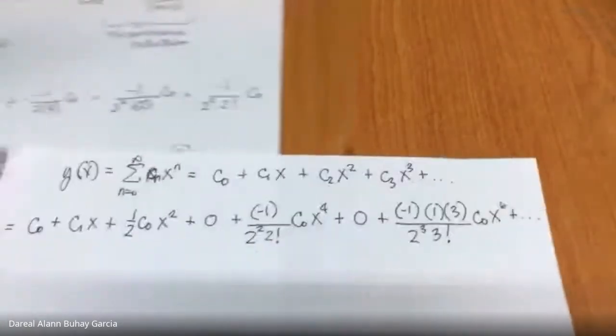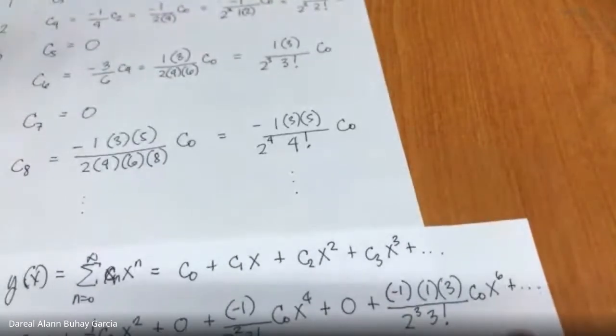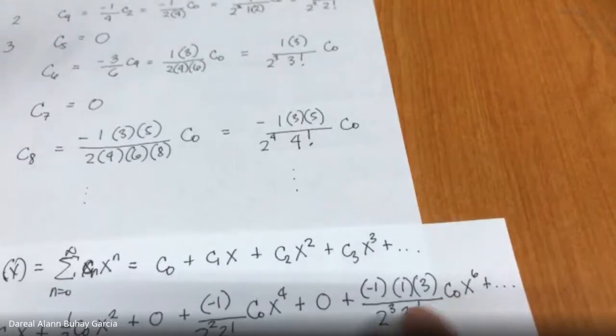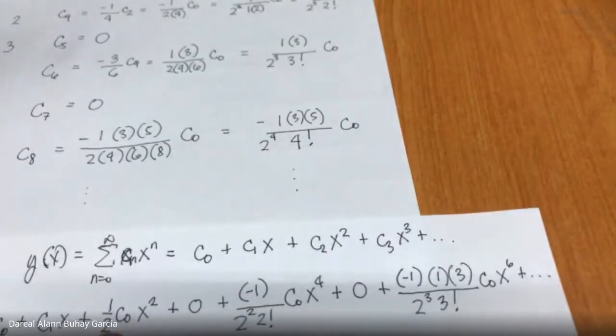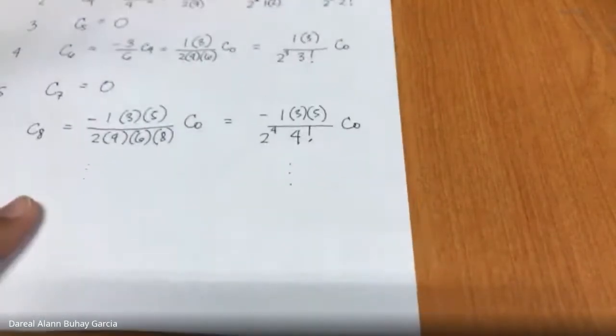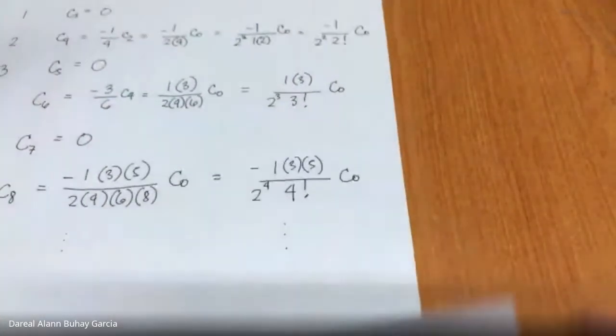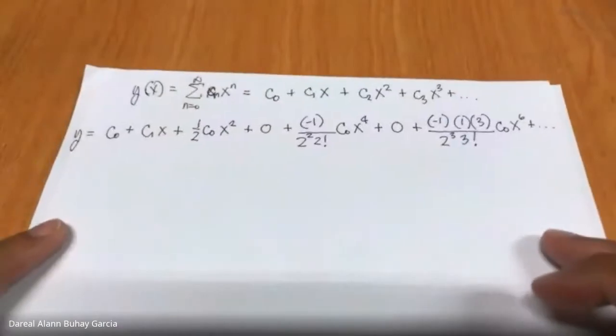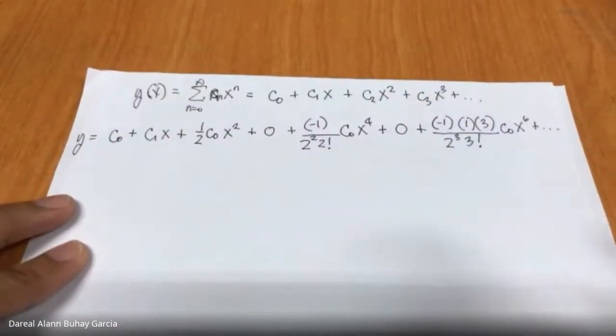I guess that is enough. C sub 6, isn't it? 1, 2, 3, 4, 5, 6. C sub 7 is 0. C sub 8 is this one. Okay. So I think we can generalize here.